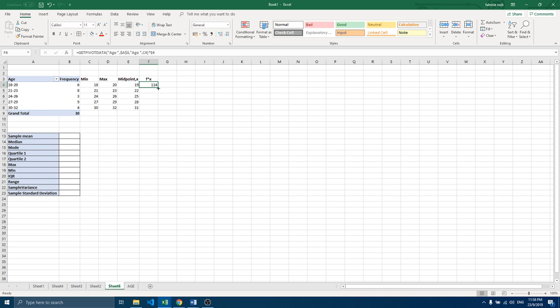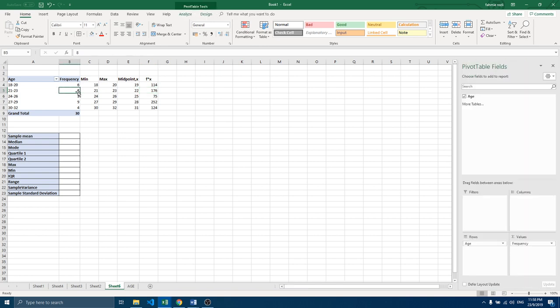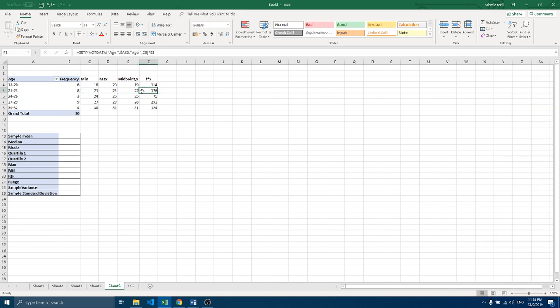114, and then do the same thing, double click, and this one just delete. Click this cell and delete. So 114, correct. 8 multiply with 22 is 176, yeah. 3 multiply with 25 is 75, 252, and 124, yeah, correct.